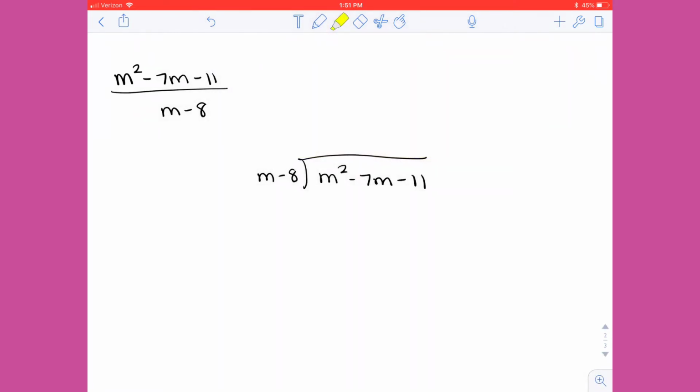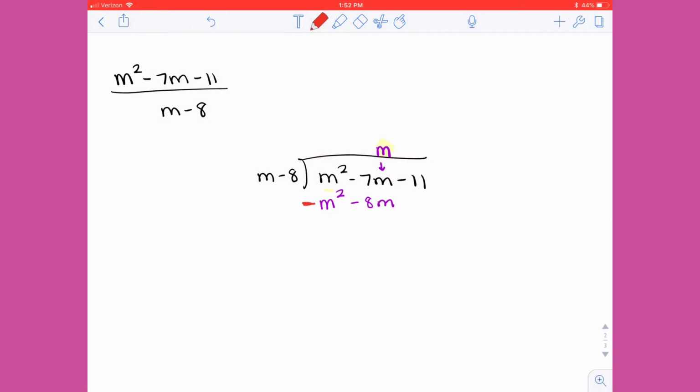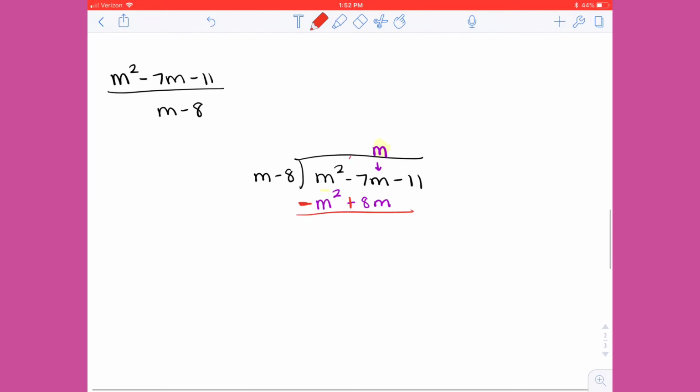So what number times m will give me m squared? Well, m, and notice I'm lining that up in the m column. M times m is m squared. M times negative 8 is negative 8m. But all my signs need to switch. And this goes away. And negative 7 plus 8m is just 1m. Bring down what's left over.